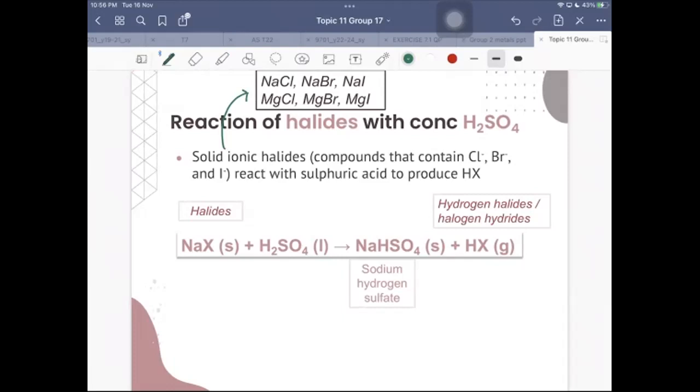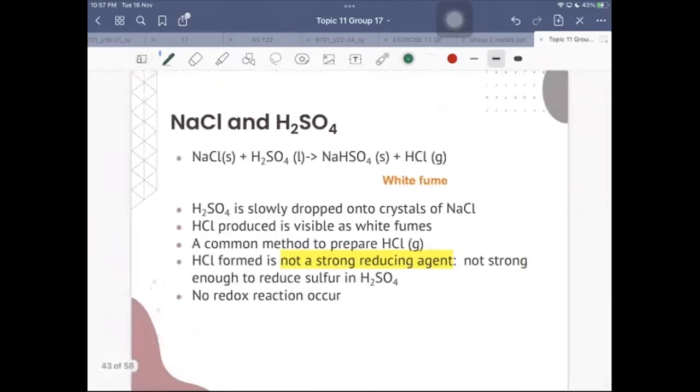HCl, when it is a gas, appears as white fume. HBr and HI will also appear as fume, but you wouldn't observe them here. Okay, so I'll talk about that. The first reaction that we're going to look at is the sodium chloride and sulfuric acid. In your notes, it mentions that this works for sodium fluoride as well.